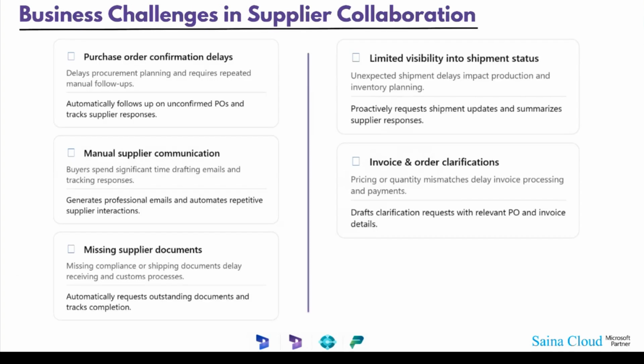Overall, these are some of the business challenges which most industries face day to day. There can be many things a procurement team faces, but usually the buyer spends a significant amount of time with suppliers on follow-ups, such as getting the shipment status, where is my order.